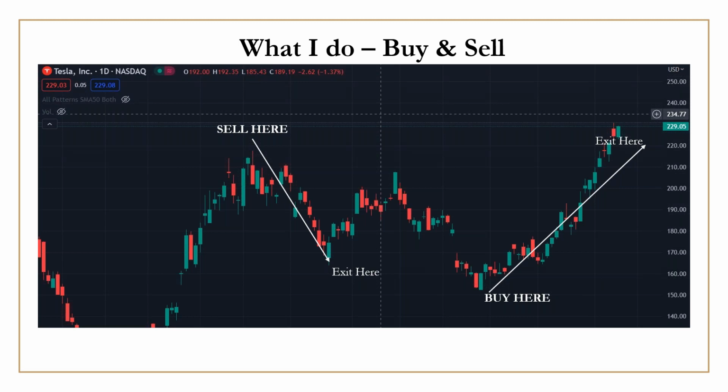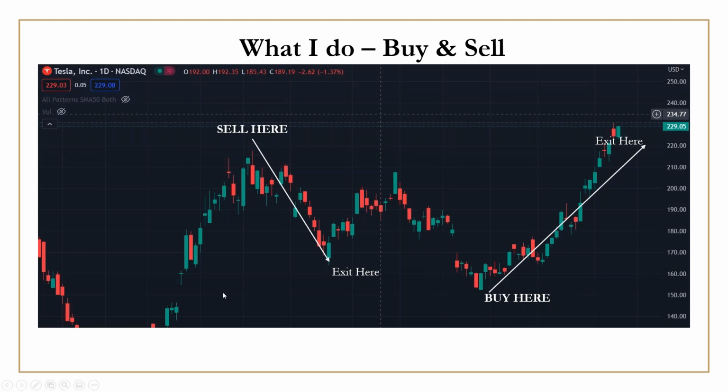The market is here. The market has been here for a very long time. And so that's something that I really enjoy about trading, because I am able to use my own analysis and make decisions, whether it's to buy or to sell.